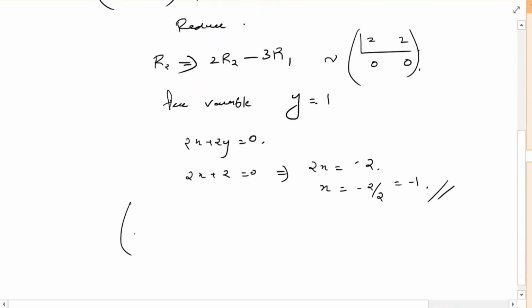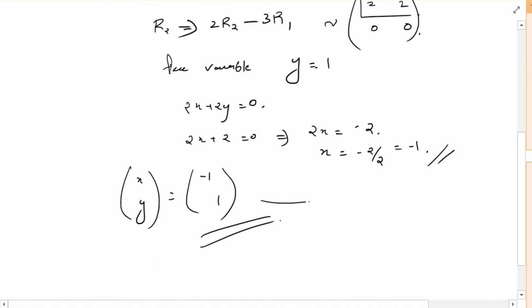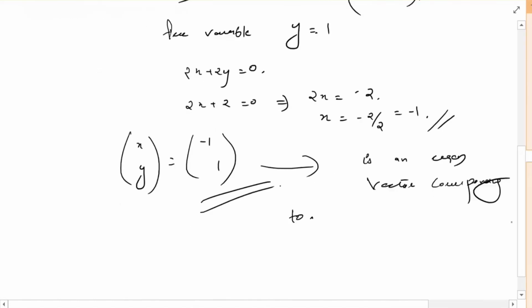So the vector (x, y) will be (minus 1, 1). This is an eigenvector corresponding to the eigenvalue lambda equal to minus 1.